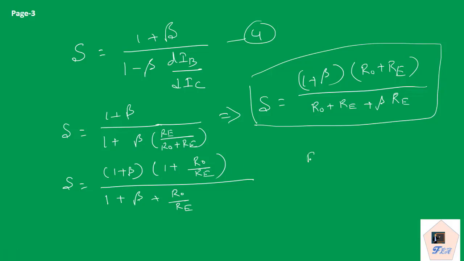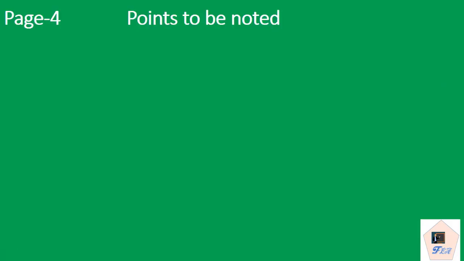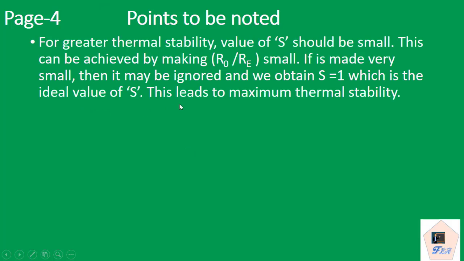If we can make R naught by RE much less than 1, we can ignore this term, and here also we can ignore this term, and as a result we obtain S equal to 1, which is the ideal value of S. Here are some points we need to note. First of all, if we can make R naught by RE very small, we can get the ideal value of S, equal to 1.